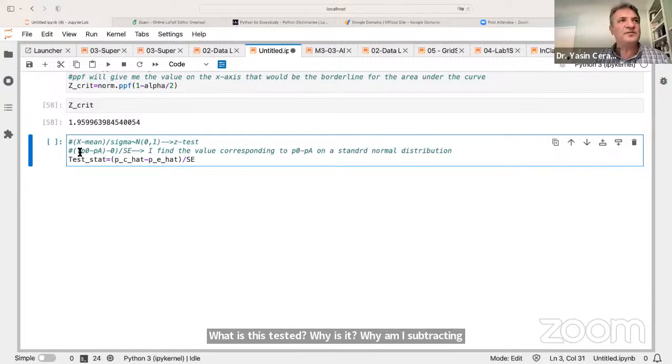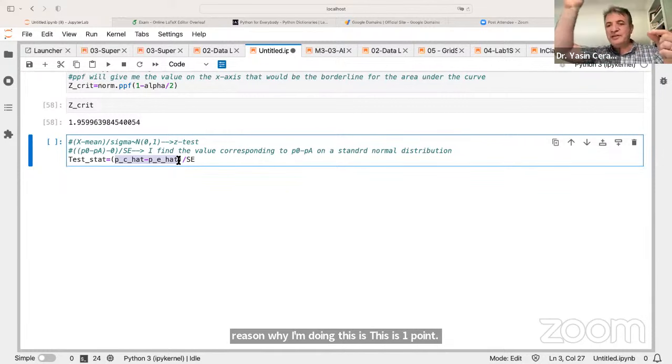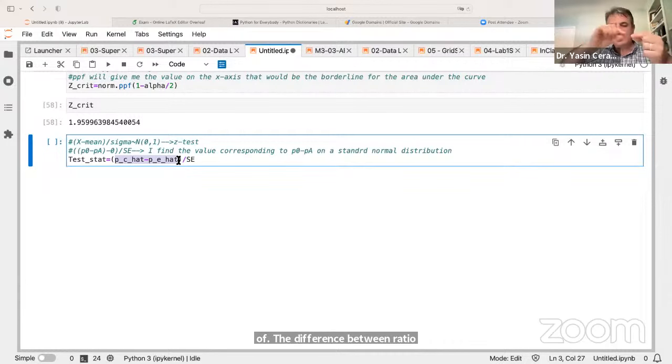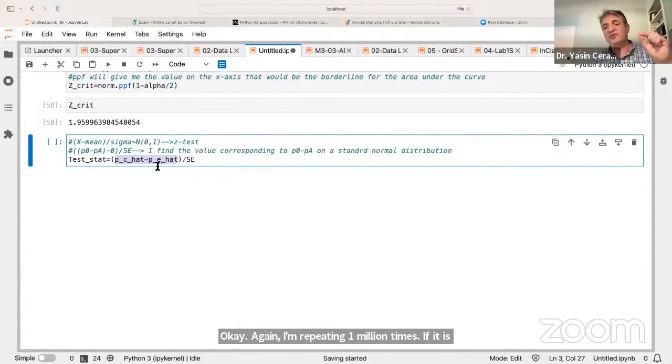The only reason I'm doing this is that this is 1 point from a distribution, the distribution of the difference between the ratio of the control group and the experiment group. Again, I'm repeating this experiment 1 million times, and it's going to give that distribution. This is only 1 point from that distribution.